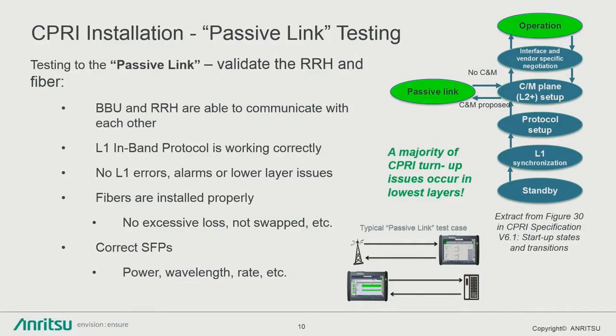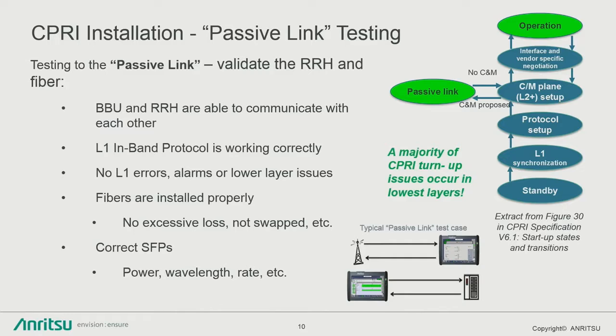Okay? So how did we use this? Our customers came to us when they were installing these 4G sites and testing. What they were asking for is how do we verify that our CPRI protocol is working correctly, that we're able to communicate from the radio to the baseband unit. Were we able to identify errors and alarms?